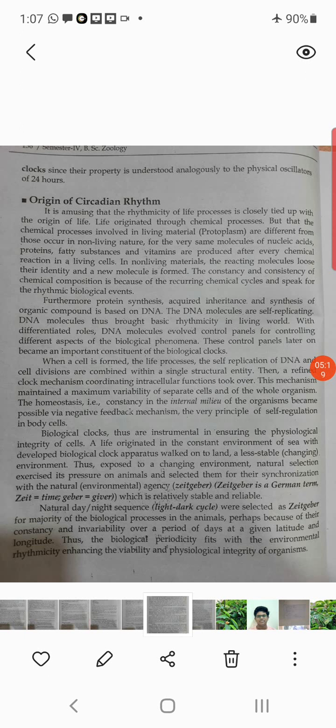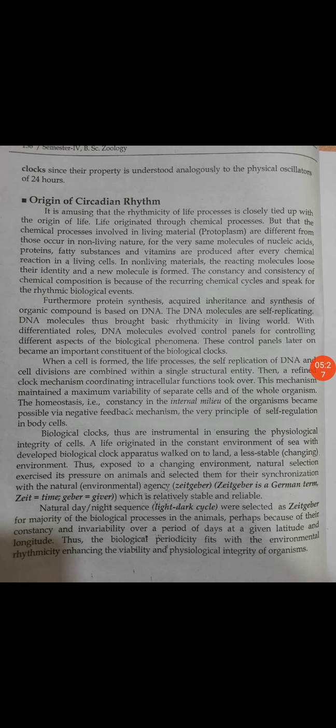Now, origin of circadian rhythm. It is amazing that the rhythmicity of life processes is closely tied up with the origin of life, naturally. Biological clocks thus are instrumental in ensuring the physiological integrity of cells, and as life originated in the constant environment of sea, we developed a biological clock apparatus to work on land, a less stable environment.